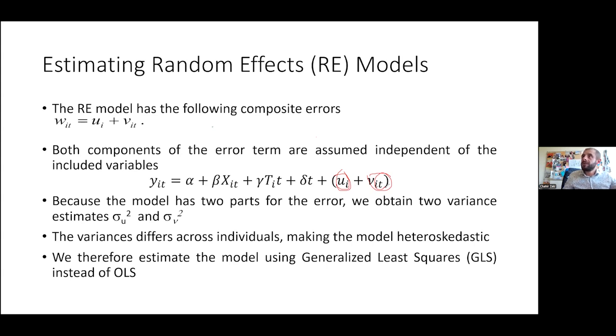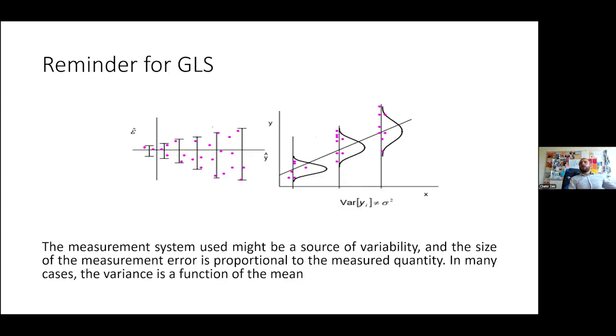And the idea of the weighted least squares here is to give a lower weight to observations that have a higher variance, right? So basically, a quick reminder for the GLS before we move to the STATA part.